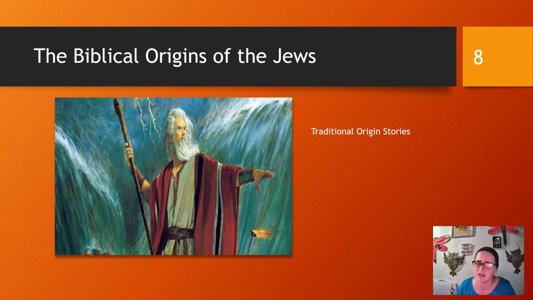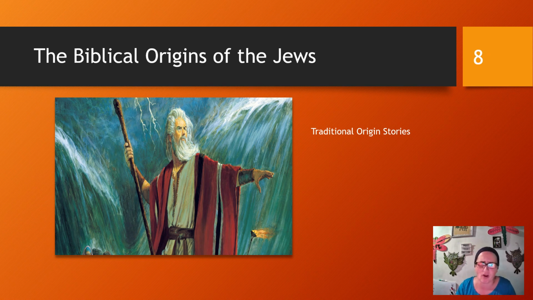However, that doesn't mean that there is no truth to it. It doesn't mean that it is a lie. It doesn't mean that it is irrelevant. It just means that it's probably not historically accurate. Big T truth for the people who embrace these stories is still very much in play, and it's still something that we have to acknowledge.